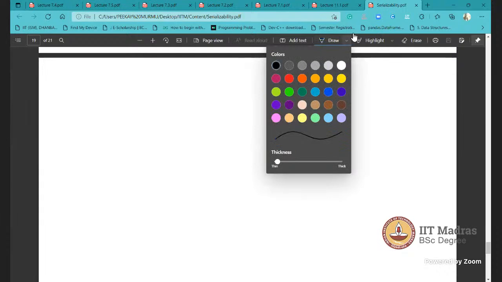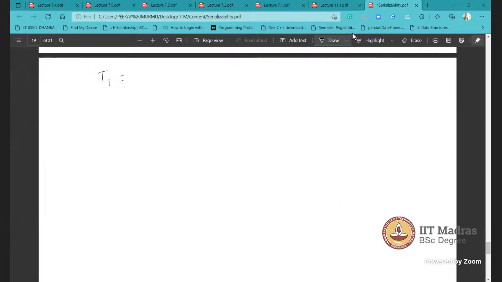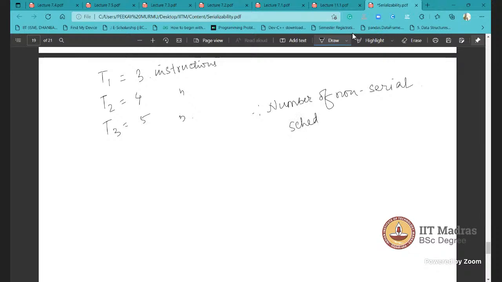Suppose T1 has 3 instructions, T2 has 4 instructions, and T3 has 5 instructions. These are the numbers of instructions, right? Can anyone tell how many non-serial schedules there are?